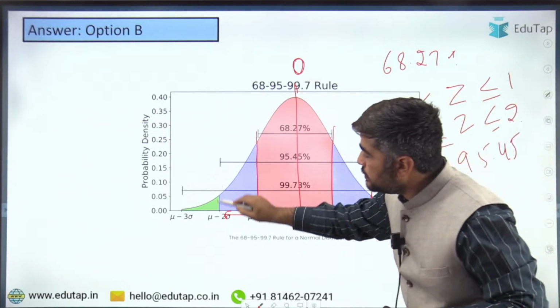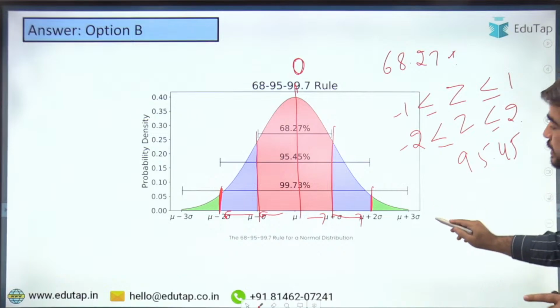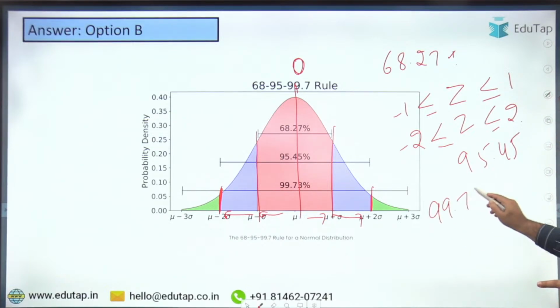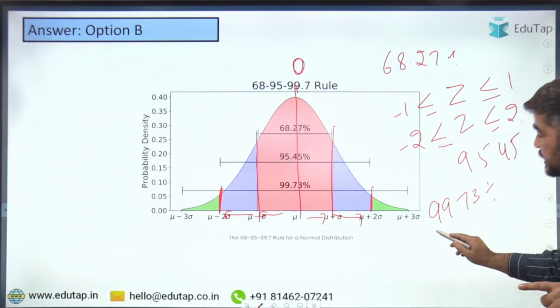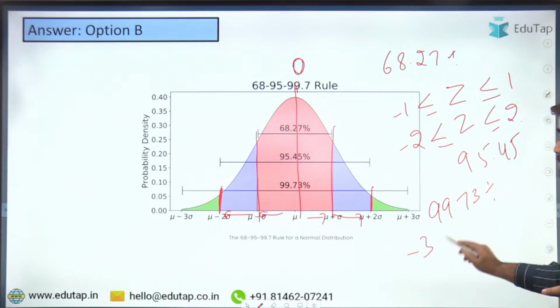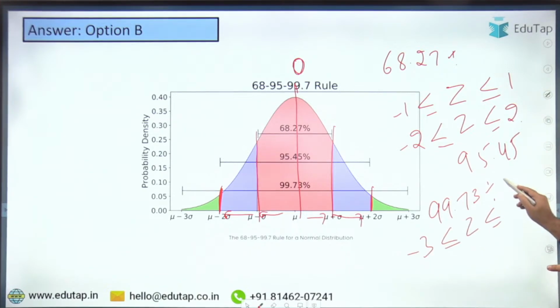And a probability of 99.73% is given when Z lies between -3 and 3.